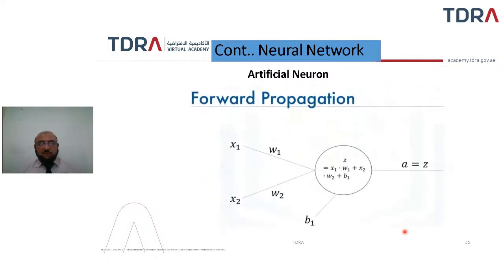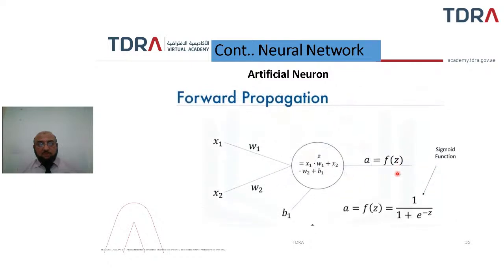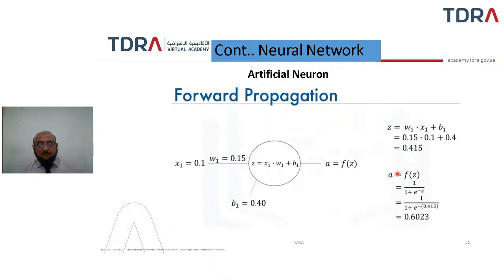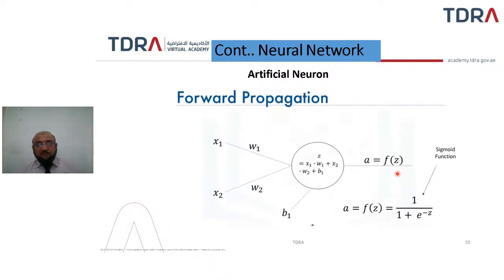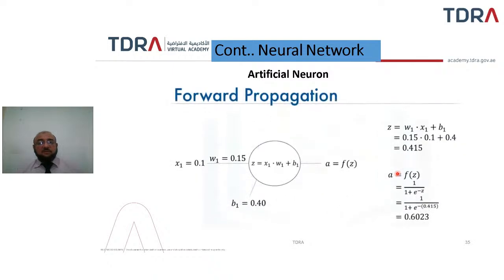Forward propagation is that we give inputs, weights and some bias value, and then the neuron gives us the output, which becomes the input of the other neuron. We use different functions like the sigmoid function. The sigmoid function is an activation function, and an activation function is required for activating the other neuron.